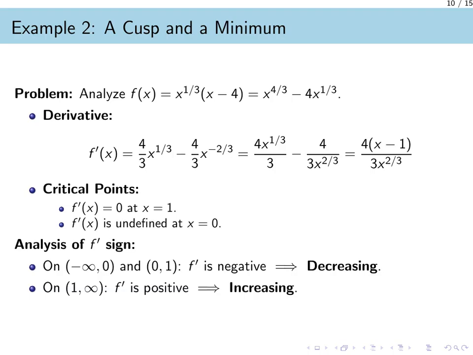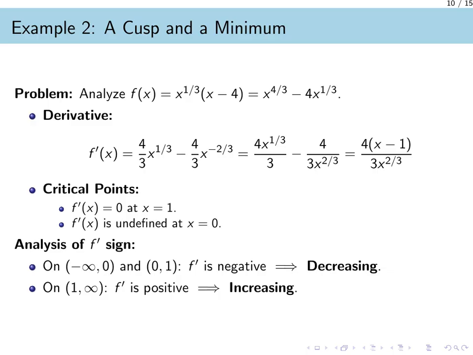To find the critical points, we look for where this derivative is either 0 or undefined. The derivative is 0 when its numerator is 0, which gives us x equals 1. It is undefined when its denominator is 0, which gives us x equals 0. Do not forget to check for both conditions.